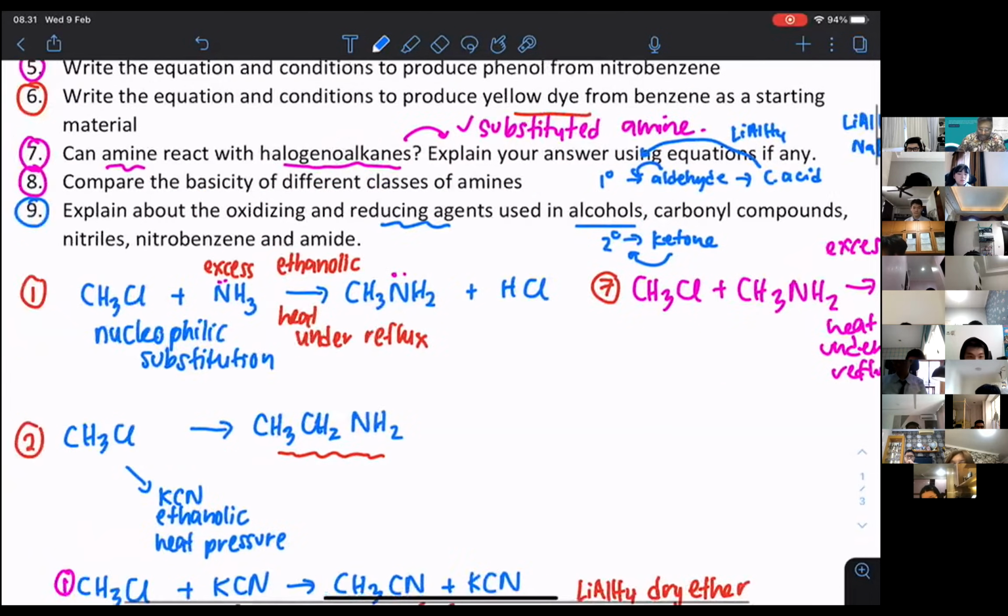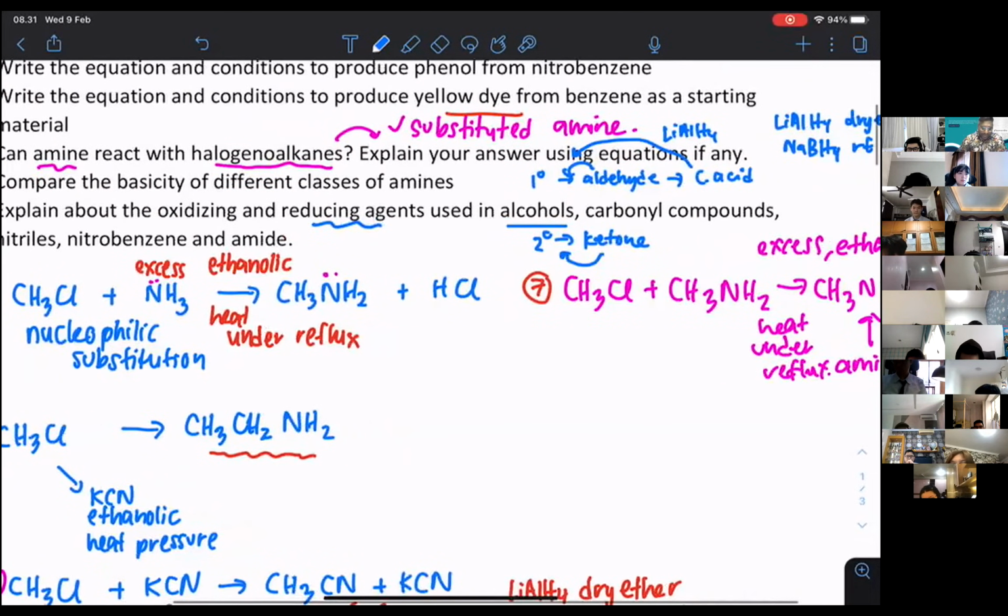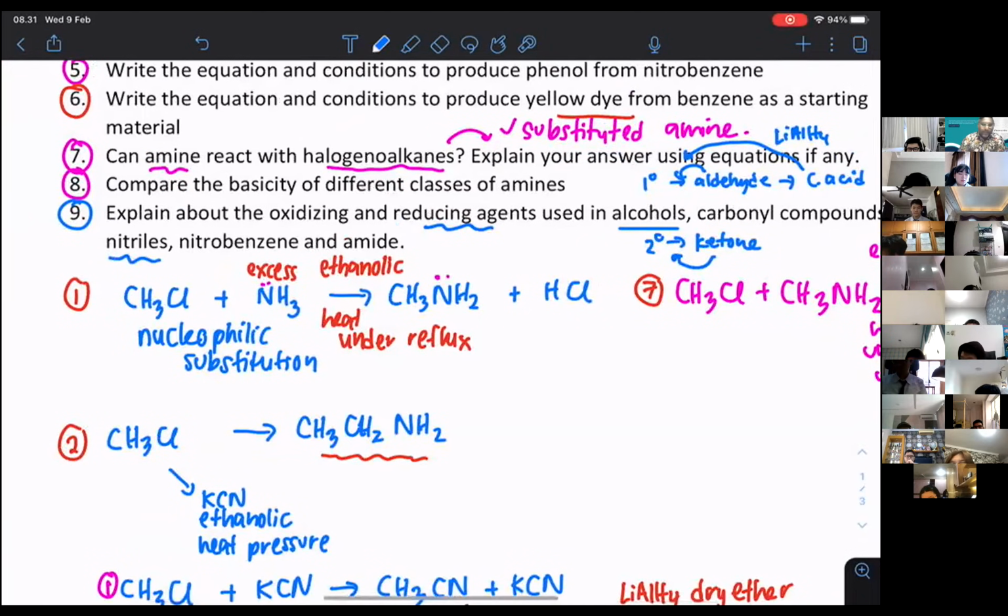Now if you look at nitriles, we only learn about reduction. Nitriles you can reduce using LiAlH4 in dry ether, and you will get amine. Nitrobenzene you can reduce using tin and concentrated HCl, and then you heat. You can reduce nitrobenzene to become phenylamine.